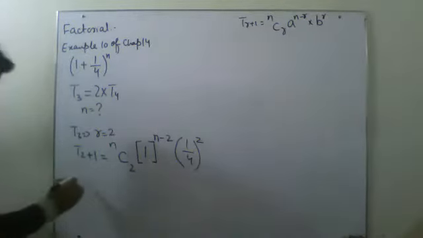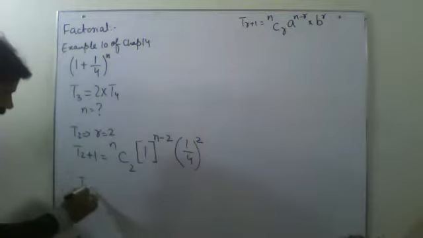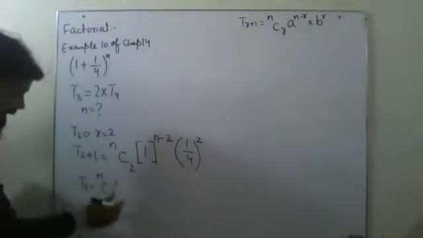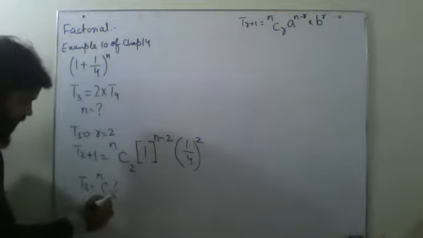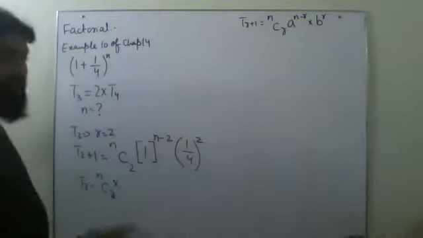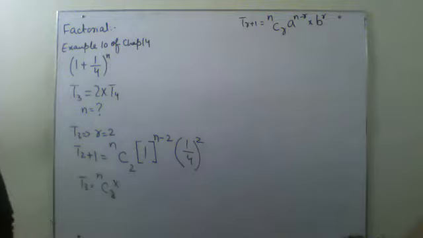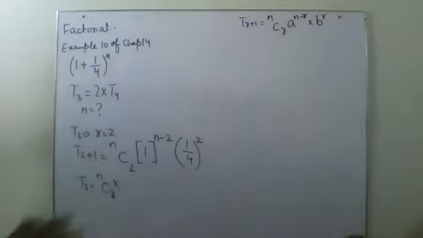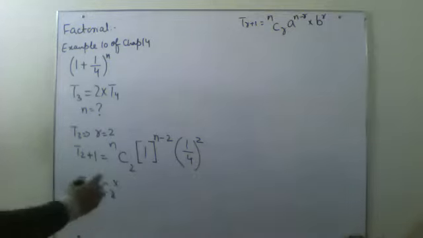So simplifying it, T3 equals nC2 into 1 with any power, 1 with power 0, 1 with power 1, 1 with power 2, 1 with power 1000, will always equal 1. So I'm not including it in the product form.